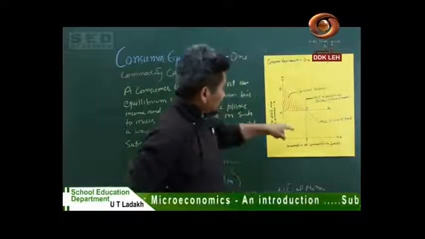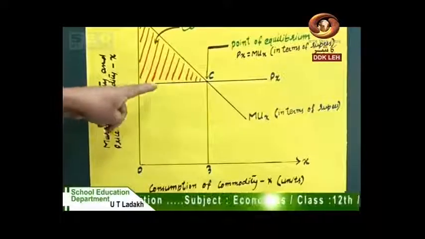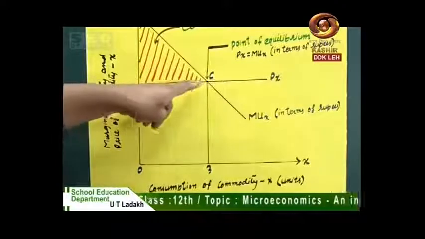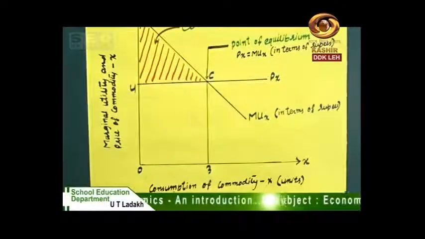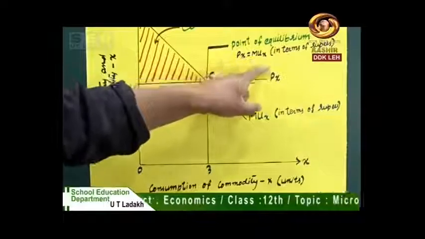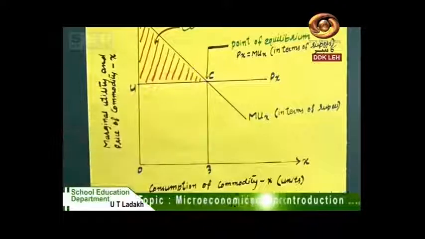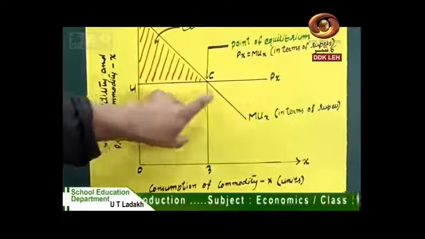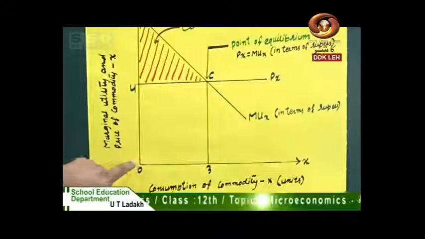Now at this point C, where the marginal utility curve intersects this price curve, this point is said to be the point of equilibrium, where price of X is equal to the marginal utility of commodity X. At this point the consumer is consuming 3 units of commodity and the price of commodity is 4.